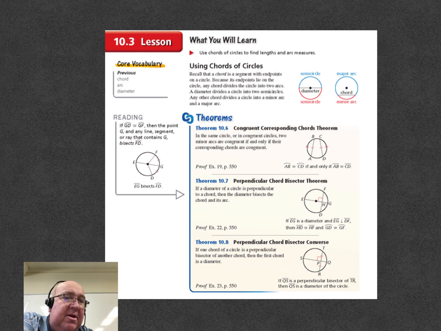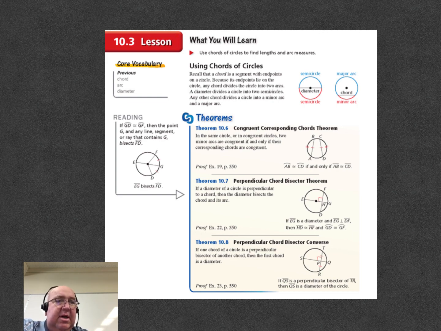Use the proper terminology. And finally, if a chord is bisected by a 90-degree angle, then that is also going to be a diameter. So it proves that it's a diameter.